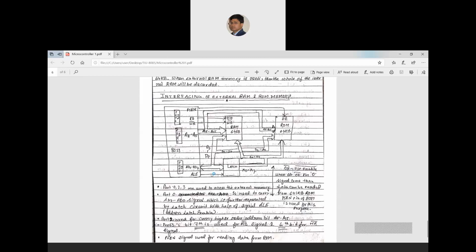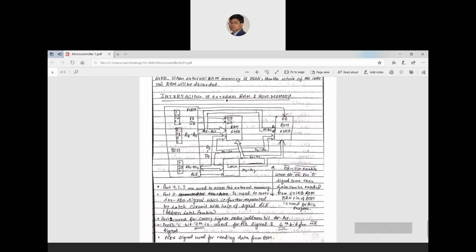How to take out one thing from this? Using ALE and a latch. I have to use a block by name latch, and ALE I am giving as an input signal. When ALE is 1, the output of this latch is simply the address. So I have connected the address to the RAM and ROM.